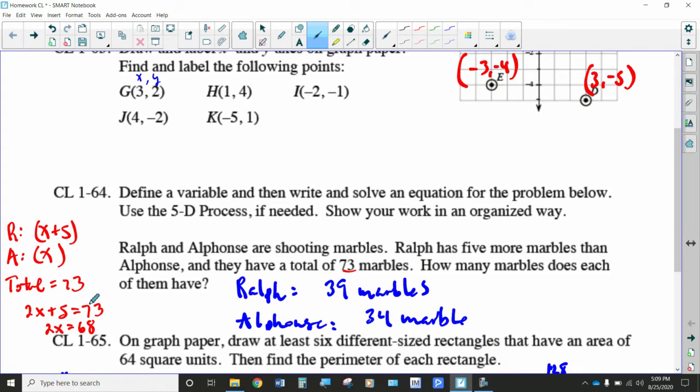Since take away 5 from 73, you get 68, which means that each one of these X's, Alphonse must have 68 divided by 2. He has 34 marbles, and Ralph has 5 more, so he has 39. And if these two numbers add up to 73, this is the check. Make sure you do this. 13, carry the 1, yes. Then we can declare our answer. Ralph had 39 marbles, Alphonse had 34.